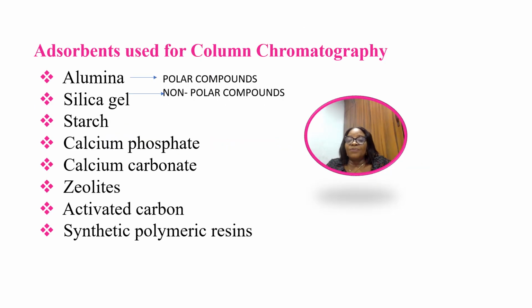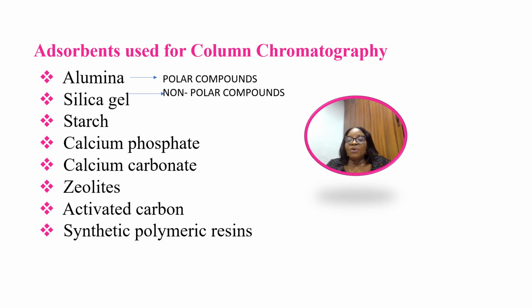What are the adsorbents for column chromatography? The adsorbents used for column chromatography have different properties. We have adsorbents like alumina, silica gel, starch, zeolites, calcium phosphate, calcium carbonate, activated carbon, synthetic polymeric resins, etc. Silica gel powders are more useful to separate polar compounds, used in pharmaceutical chromatography for the separation of drug molecules.